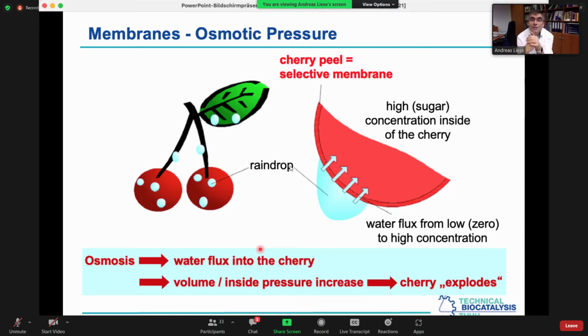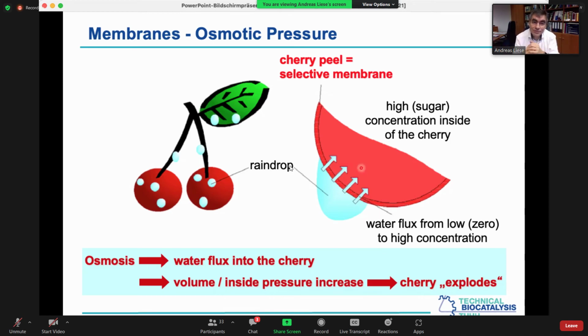Inside we have a high carbohydrate, sugar concentration. Outside the rain is sugar free. So we have a concentration difference from outside of the membrane to inside. This is the driving force for a water flux from the outside of the membrane to the inside, to equilibrate and reduce the concentration in there.